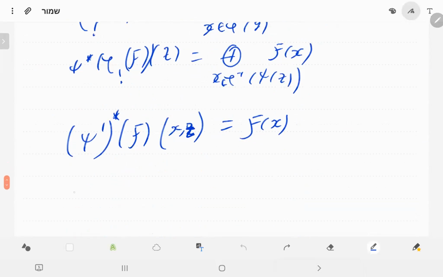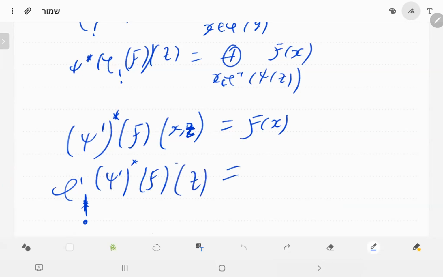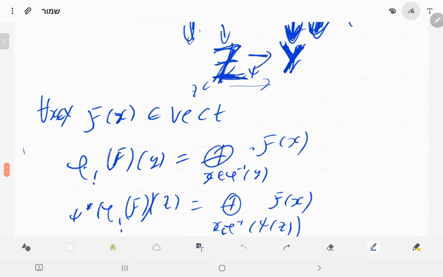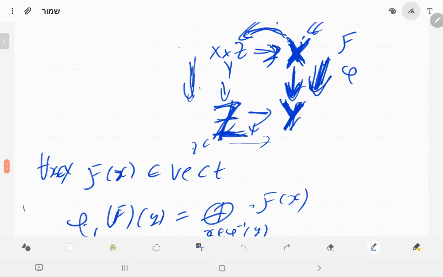And what is phi prime lower shriek, sorry, of psi prime upper star of F at point z? This is equal to the direct sum over the fiber of z here. But you know that the fiber of z in the fiber product is the same as the fiber of its image under phi.